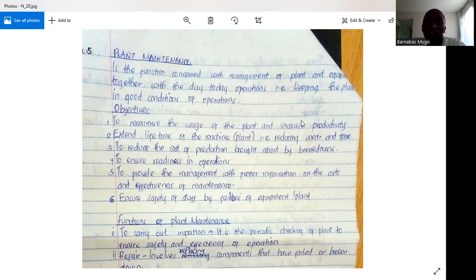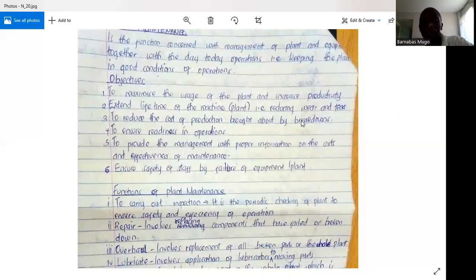Another reason is to provide the management with proper information on the cost and effectiveness of the machine. And the last point is to ensure the safety of staff against failure of equipment or the plant. Those are the six main objectives of plant maintenance.